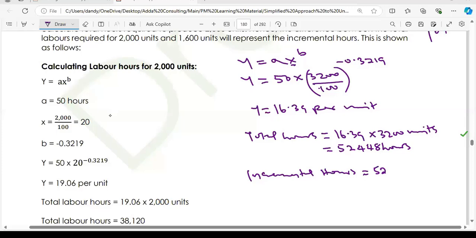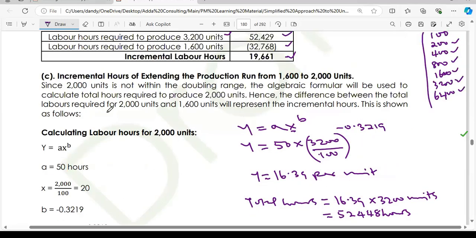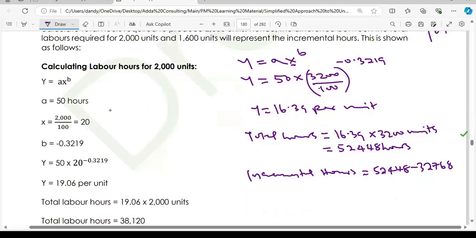So here it gave me 52,433.4. Irrespective, the difference is due to just rounding. So 52,448 minus the total hours to produce the 1,600, which is 32,768.